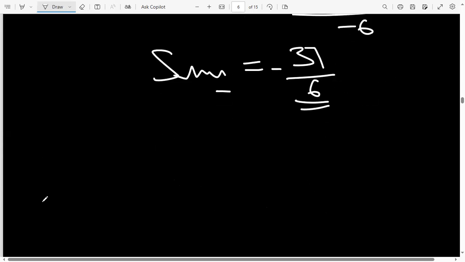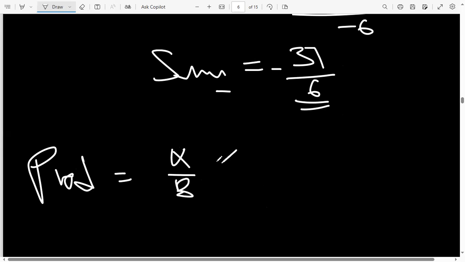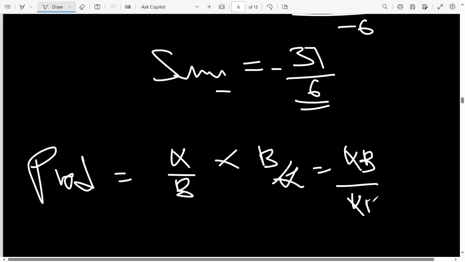And then what about the product? The product, we are going to say it's alpha over beta multiplied by beta over alpha. We know that this one is going to give us 1, right? Because on top we are going to have alpha beta, and down we are going to have alpha beta.